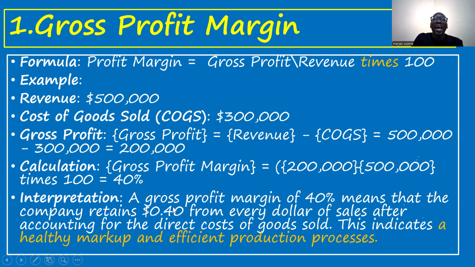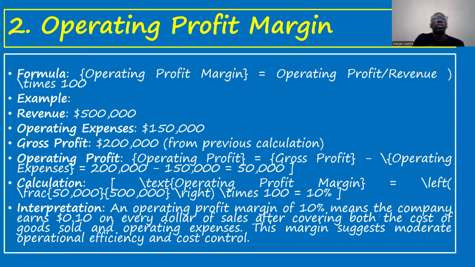So the higher the figure, the better. It means you are retaining a lot from your dollar. For example, if you have 0.8, it means your profit is very high. But if it is low, it means that for every dollar, you are retaining only a little, like 0.2 is not a good figure, 0.1 is not a good figure. So anything above 0.5, it's good.